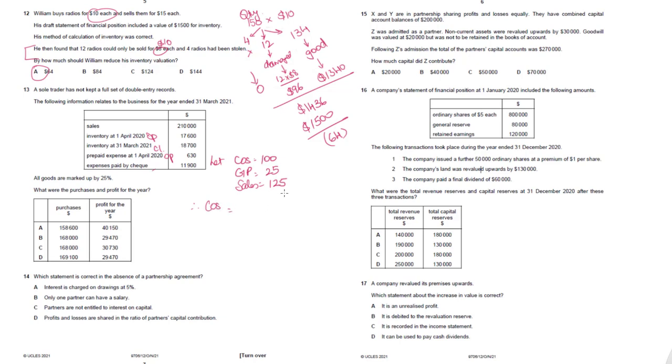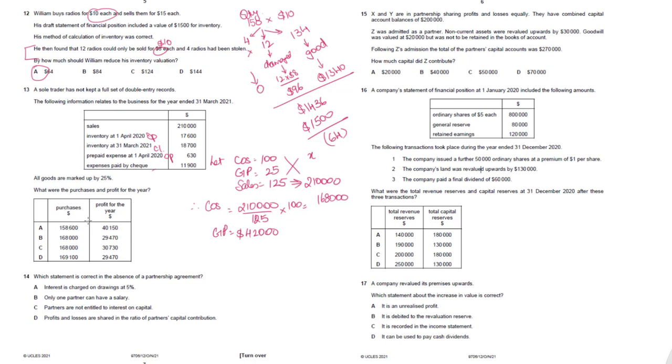Sales is given as 210 and we are trying to calculate the cost of sales, so we are going to cross multiply. Cost of sales is equal to 210 divided by 125 into 100, 168,000. So that makes the gross profit equal to 210 minus 168, 42,000.